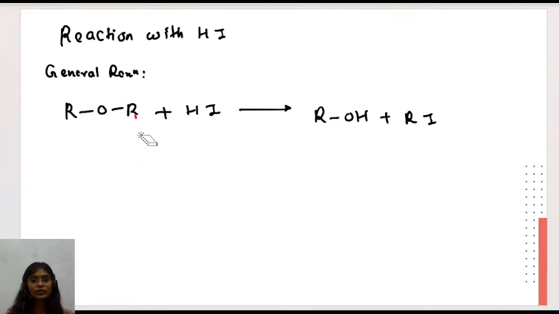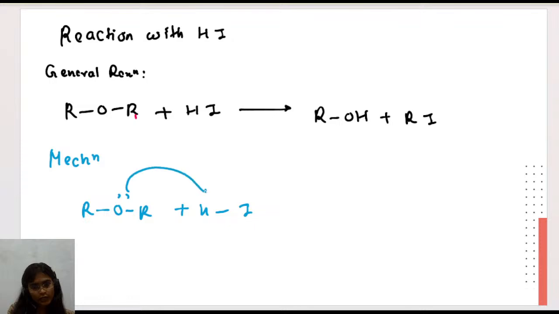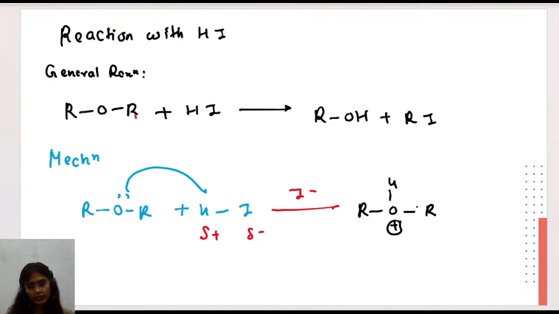Now let's talk about the mechanism, how the reaction is going to happen. The mechanism is not important, just try to understand the reaction. This is some ROR with H and I. Oxygen has a lone pair and attacks here, with partial positive and partial negative charges, and I negative is now present. An ROH positive ion is generated, and this is a good leaving group.